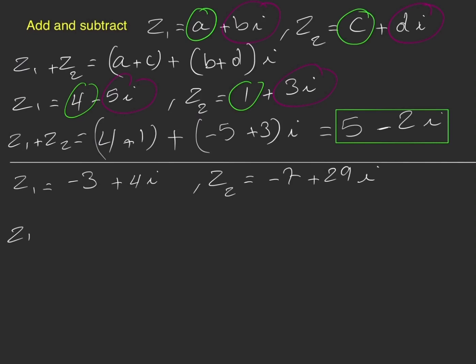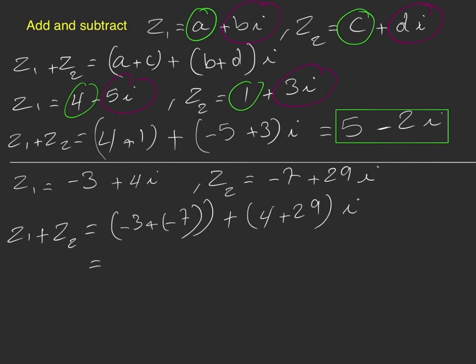So z1 plus z2 is equal to minus 7 plus minus 3, plus minus 7 plus 4 plus 29i. What this gives us is minus 10 plus 33i. So this is the other solution. It's very simple, very easy.